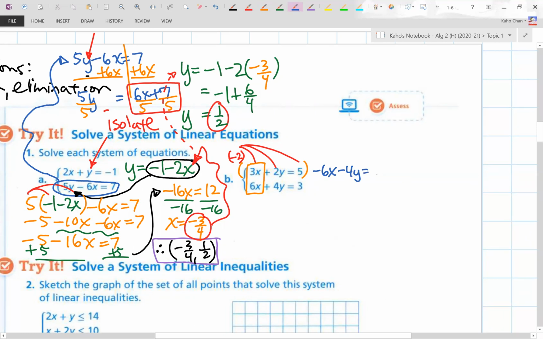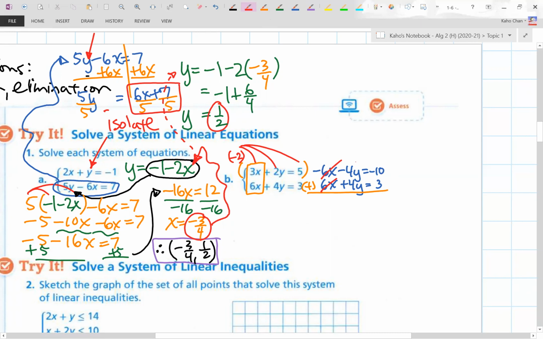And negative 2 times 5 is negative 10. I'm going to bring over the second row. And now I can go ahead and add all the columns. It'll essentially eliminate, that's the name of this process, the first column, the x's, they go away.